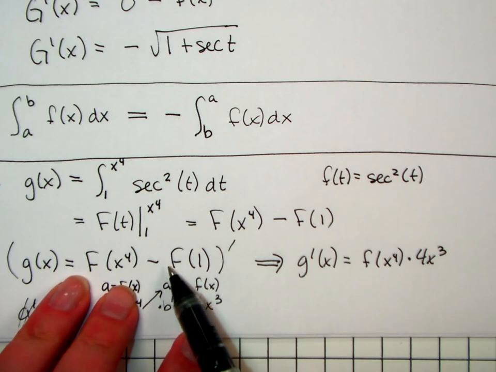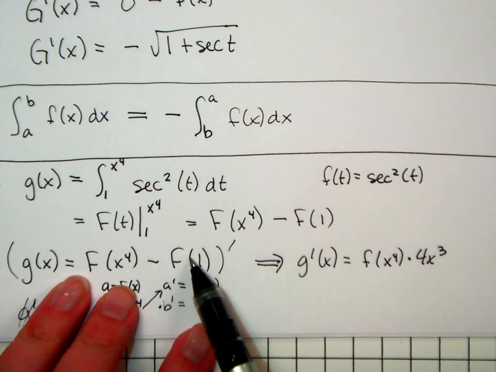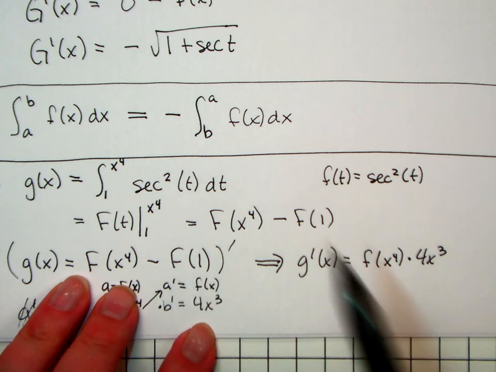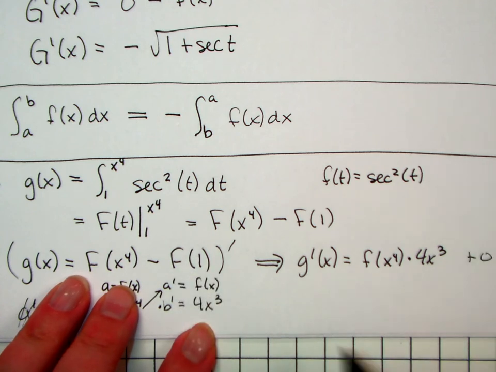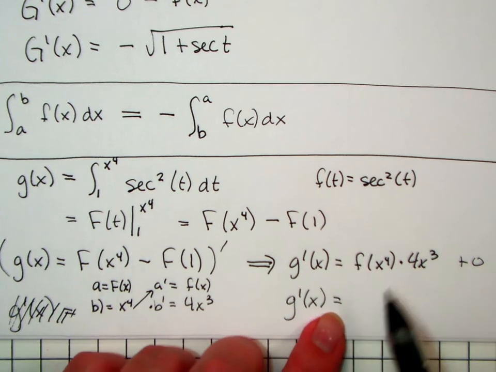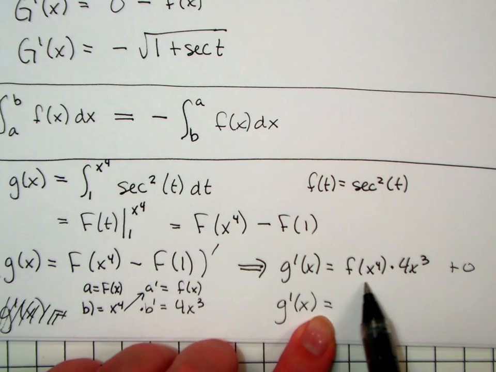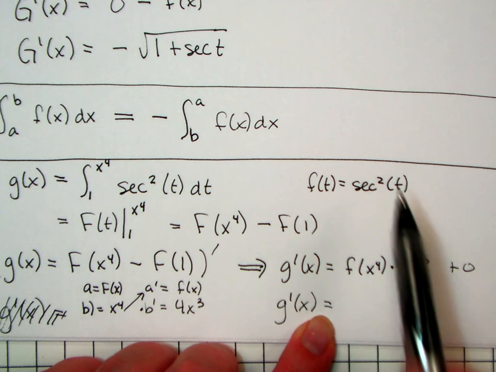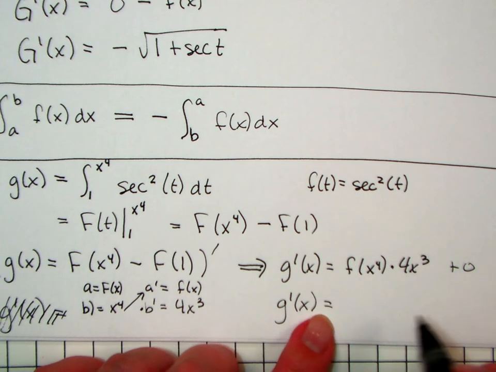And then the antiderivative evaluated at 1 is a constant, and so when we differentiate, we're going to get 0 here, right? So if I were to find a formula for g prime of x, I want to take my little f function, plug x to the 4th in that, and then multiply times 4x cubed.